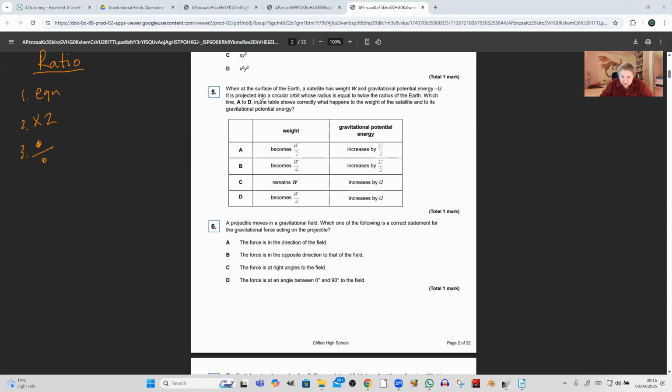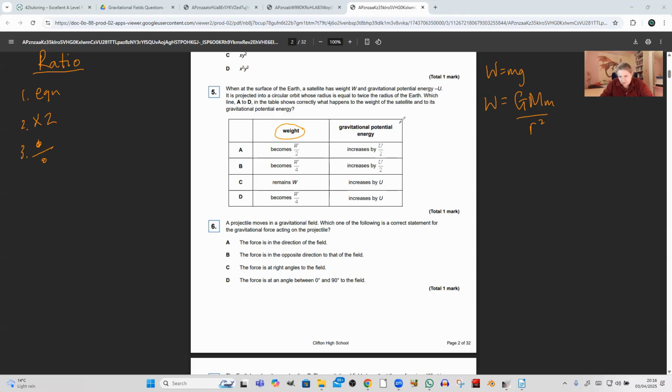Okay, so let's have a little look. What equations are we going to deal with? Can you see we've got to have the weight? This is a gravitational field strength, the gravitational force equation. Well, W is mg, isn't it? But it's also big G, big M, little m over r squared. So we could go with either of those.